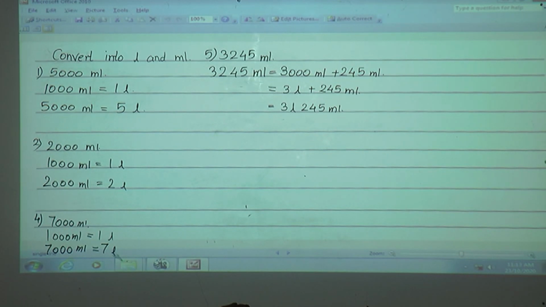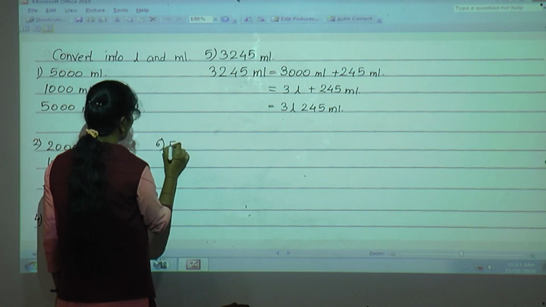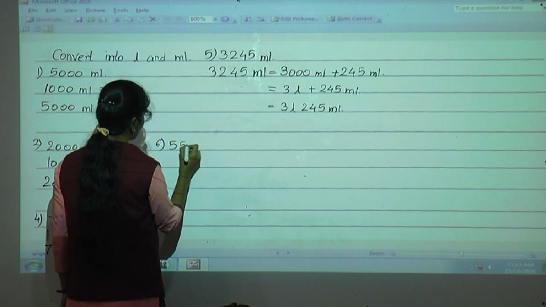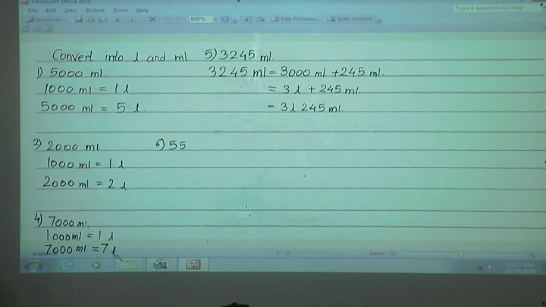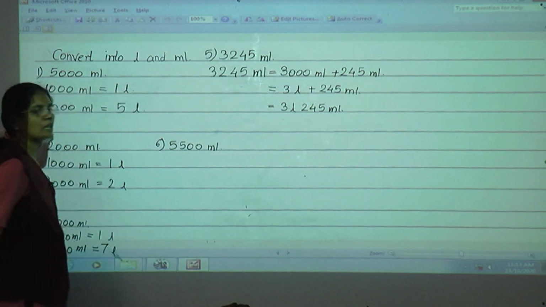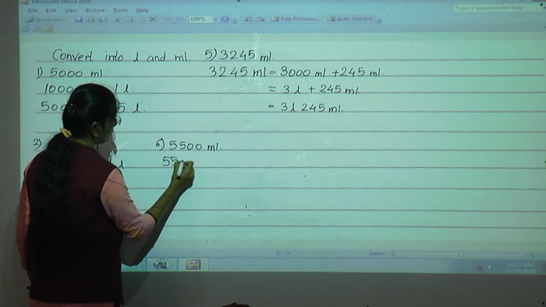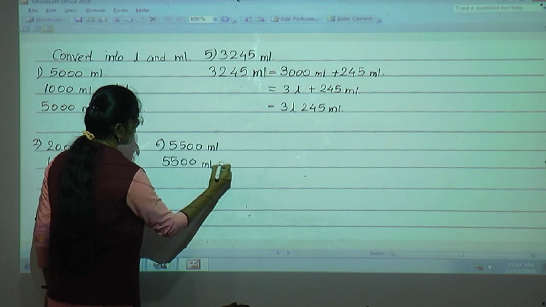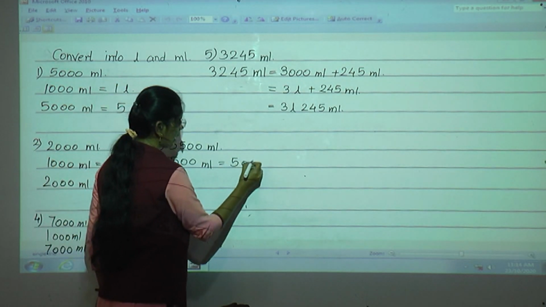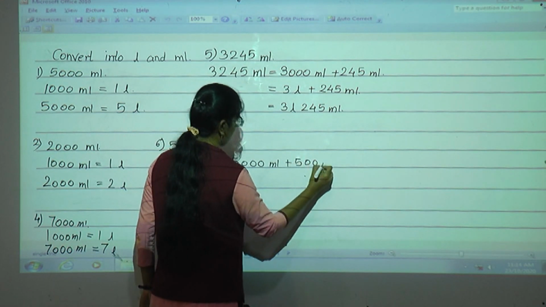Next example, sixth one, 5500 ml. Now what is the first step? Yes, first we will split up the number. 5500 ml is equal to, how will you write? 5000 ml plus 500 ml.